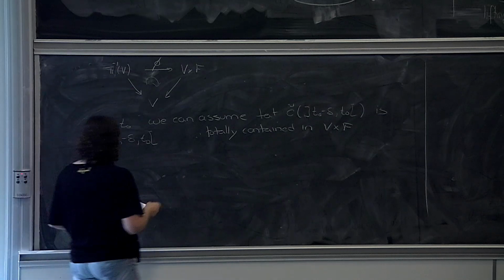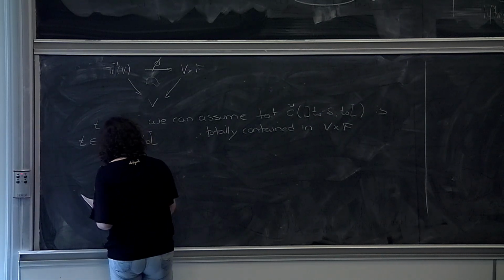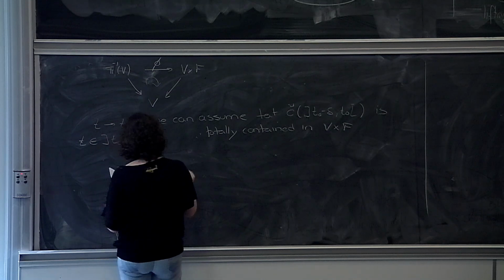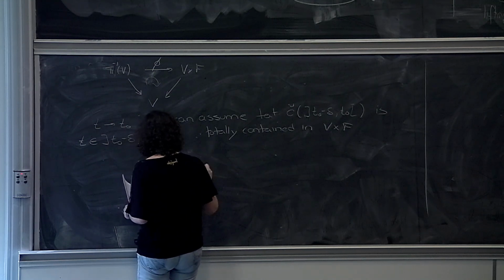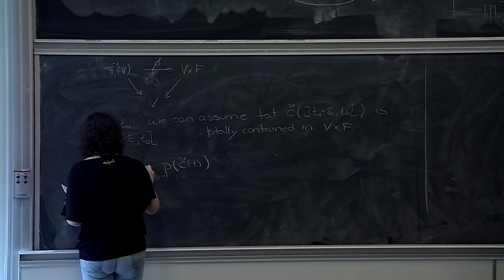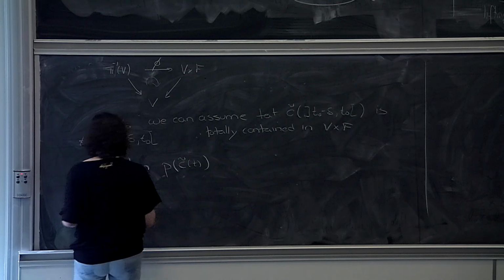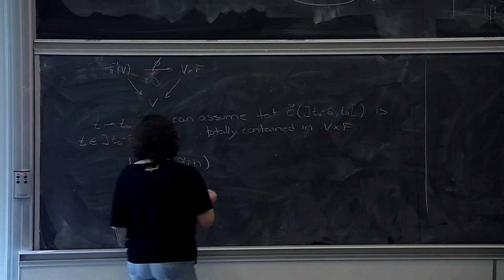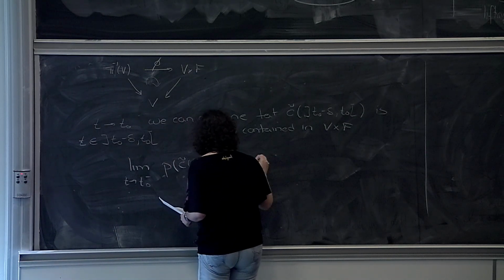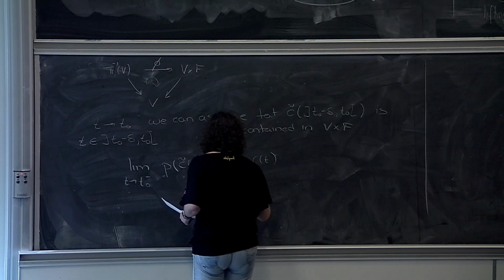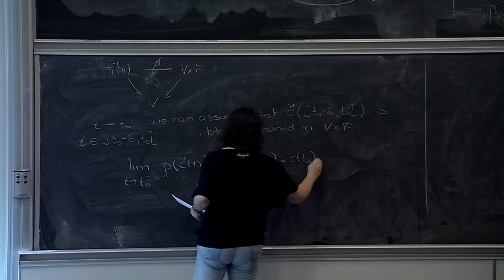So if I take the projection of C tilde of t and take the limit as t goes to t0 minus, this is the limit of C of t, that is C at t0.